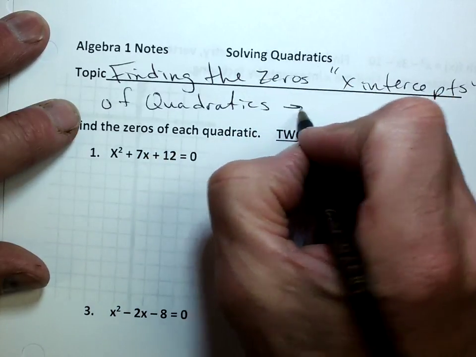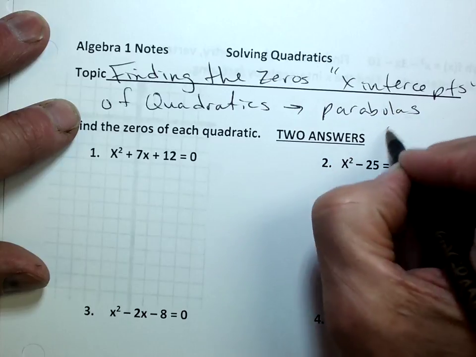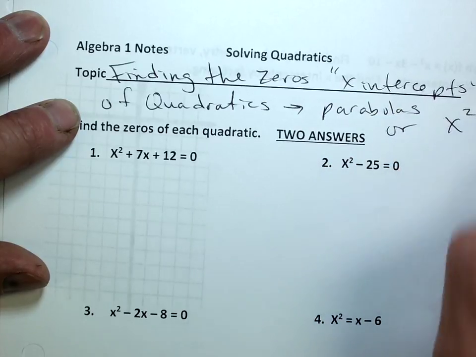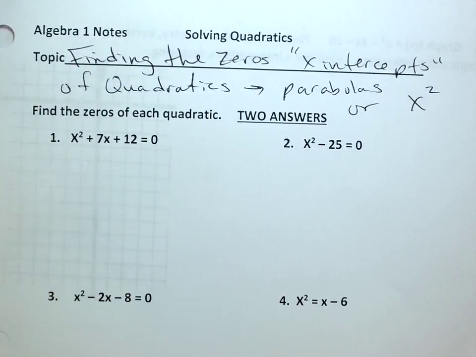Quadratics is another fancy word for basically parabolas or for any x squared equation, okay? So we're going to find the zeros, which are also called the x-intercepts, okay, of quadratics.